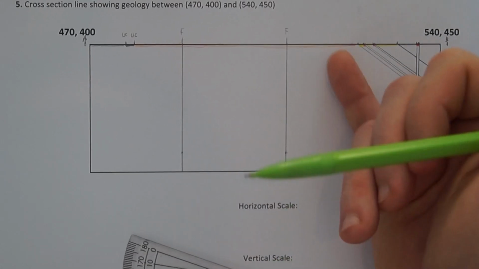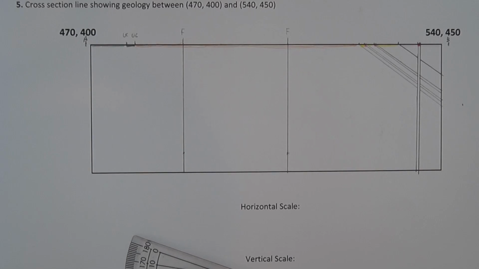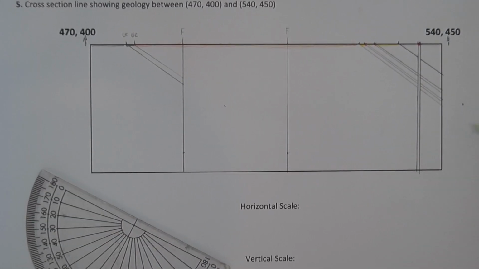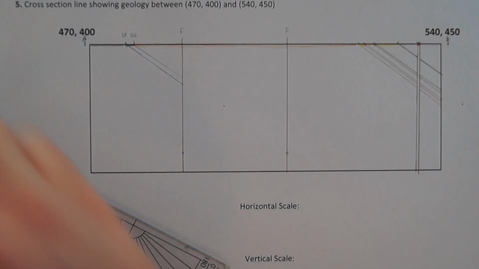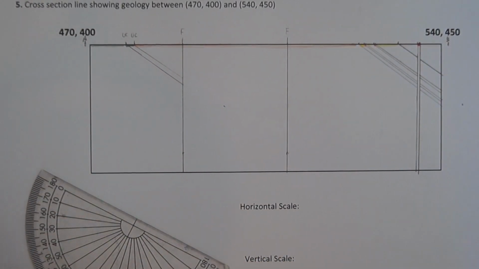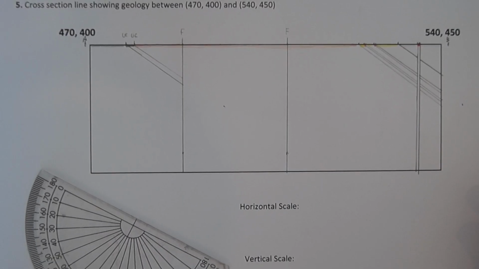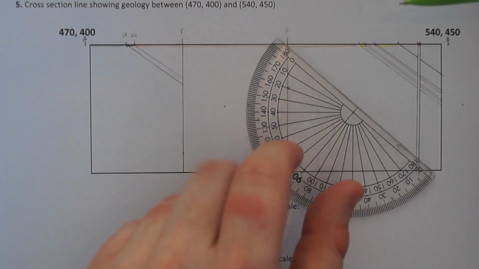And then I haven't got any stratigraphic contacts within this Penrith sandstone. And so what I'm going to do is, using the relative thicknesses of the Eden shales and the Triassic rocks, I think from the thickness that you can see on the stratigraphic column, I think that the thickness of those rocks is similar to the thickness of the Penrith sandstone.